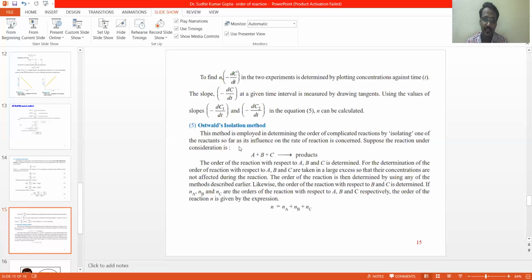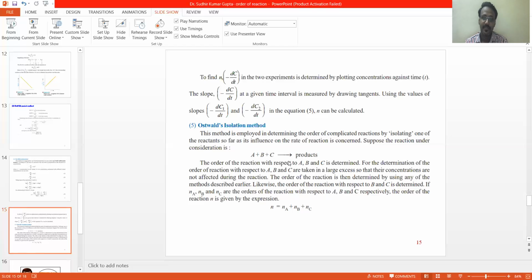So if there is only one reactant, then we can use the above discussed four methods. And if the number of reactants is larger, then we can go for the Ostwald isolation method. We'll isolate different species by keeping their concentration too high. Okay.